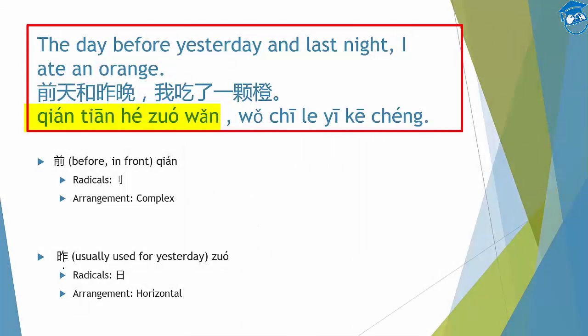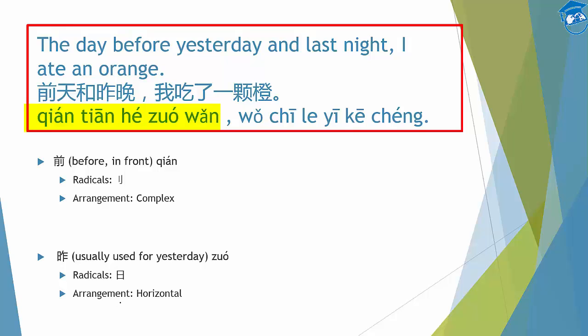Okay, 昨晚 is last night, and of course if you want to say yesterday, it is 昨天. 昨 is usually used for yesterday and last night. It is hardly used in other context. So this is the pinyin and the radical is this one.